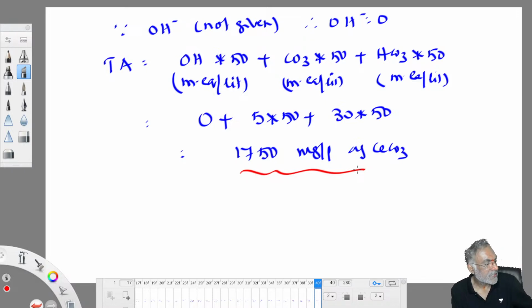Let us solve one more question. Alkalinity question is very popular in GATE exam.